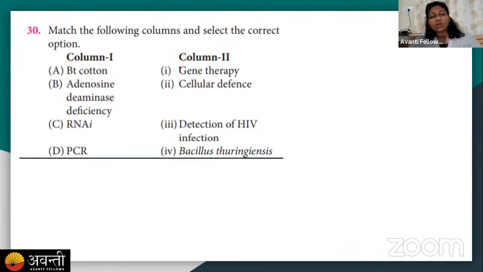Okay, so the last question of the day, you have to select the correct column and option. Column 1 has given some techniques and deficiencies, whereas column 2 gives their use or effect. So you have to find out which is the correct option.